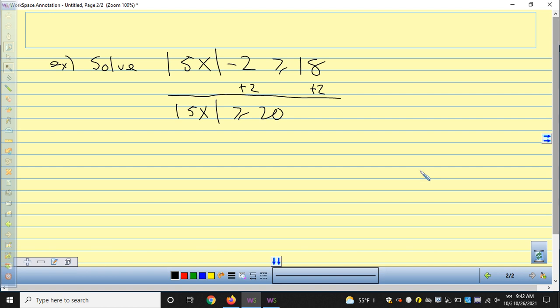Since we have greater than or equal to, I'm thinking great-or. We get an or inequality. So now I'm going to split this into 2 inequalities. I'm going to say 5x is greater than or equal to 20, or 5x, and I'm going to switch the arrow on the negative part, less than or equal to negative 20.